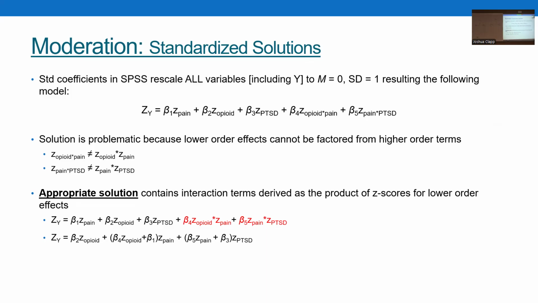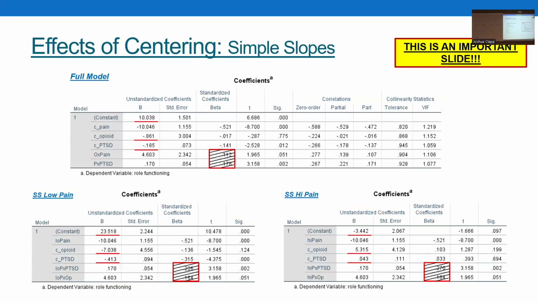Same thing for the z-score for pain and the z-score for PTSD: you multiply those, and then you get an interaction for that. Then you run a separate model where the z-score for your outcome is regressed on the z-score for opiate use and the z-score interactions. The unstandardized coefficients in that model are going to be your beta weights for your two interaction terms here.